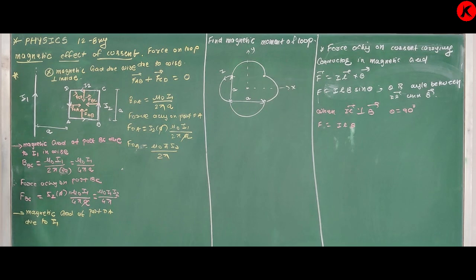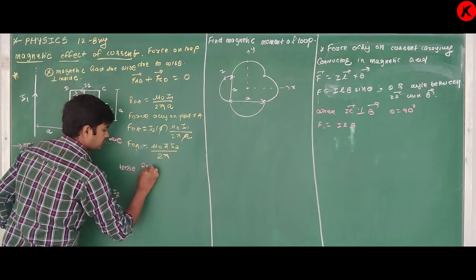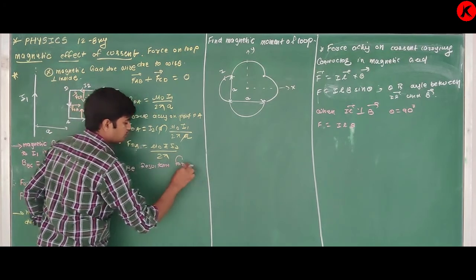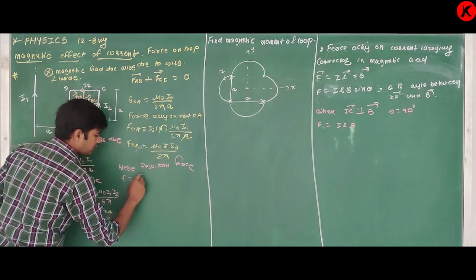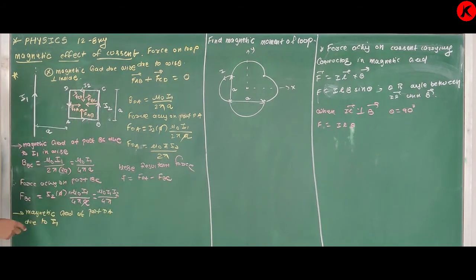Now see, from this, which value is more? Obviously FDA is greater than FBC. So resultant force F is equal to FDA minus FBC, because FDA is greater than FBC.